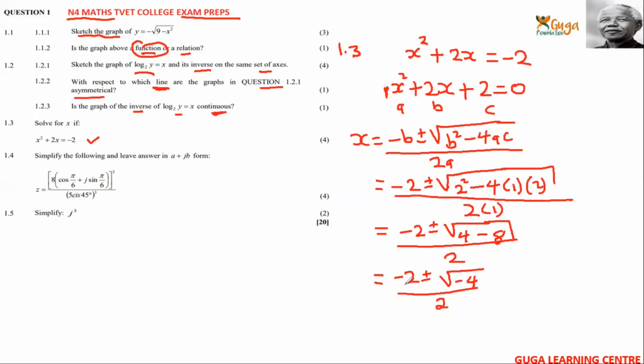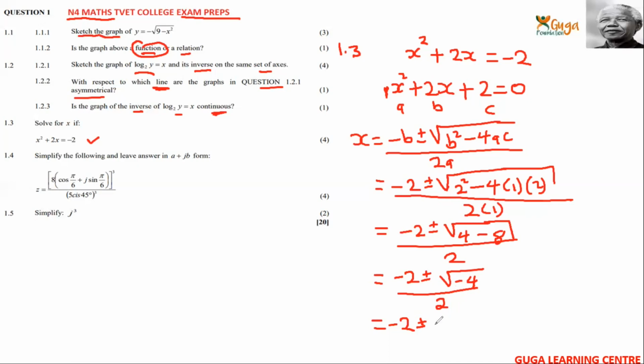And then now we can come here and say negative 2 minus or plus the square root of negative 4. Because if it's like this it will give us an error, so we have to split here.